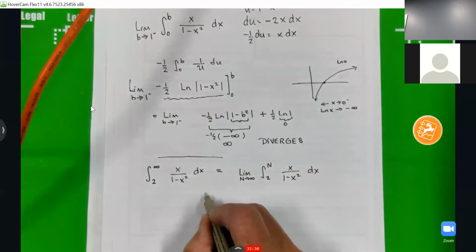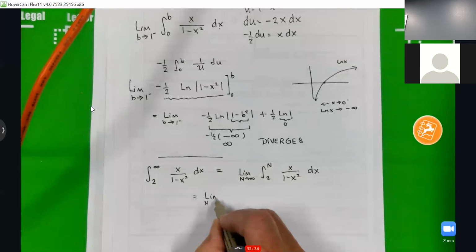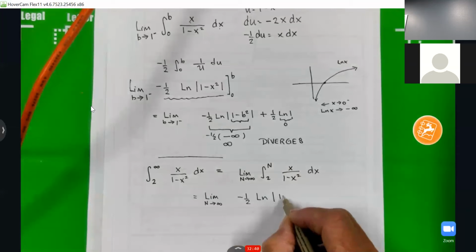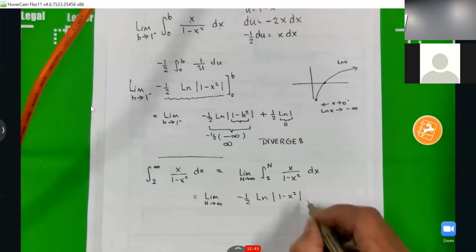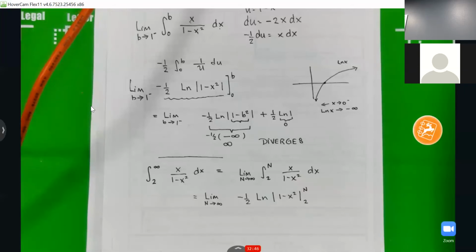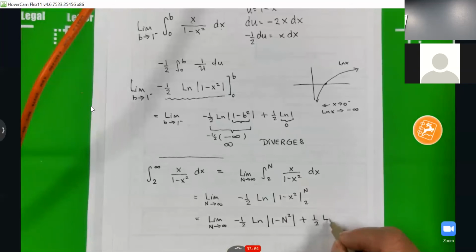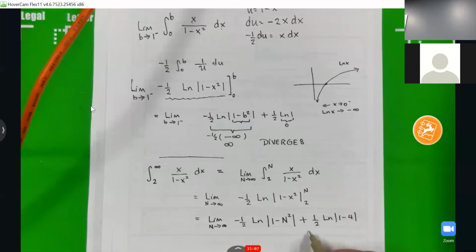So we've got the limit as N goes to infinity of negative 1/2 natural log of 1 minus x squared in absolute value bars from 2 to big N. So this number back here is finite, 1/2 times the natural log of 3. We're all good there. Now we got to look at that other part.